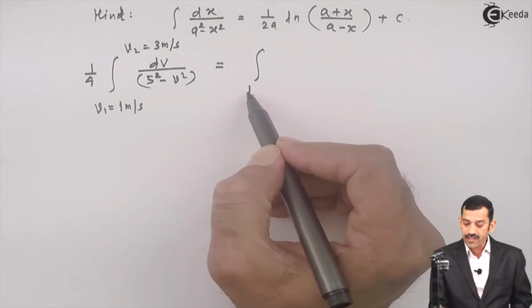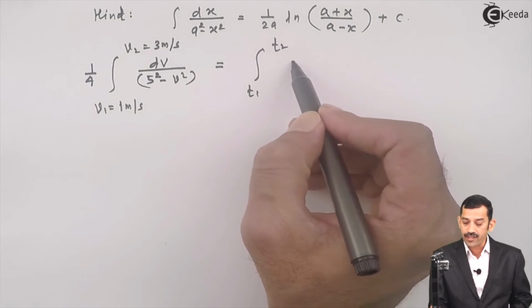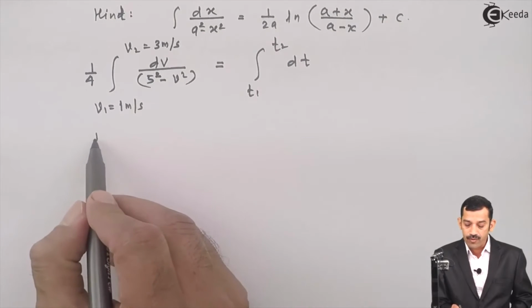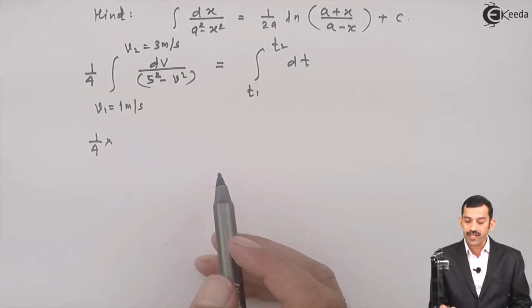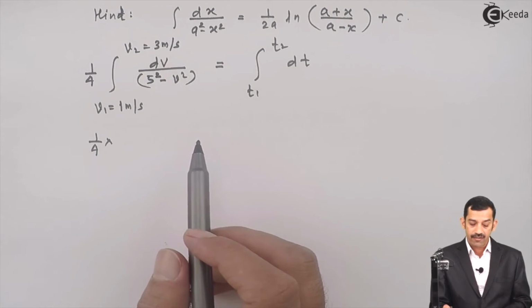On the right hand side, t varies from t1 to t2, integral of dt. Now 1 by 4 stays as it is. Using this formula, what do we get? 1 upon 2a, where a is nothing but 5.